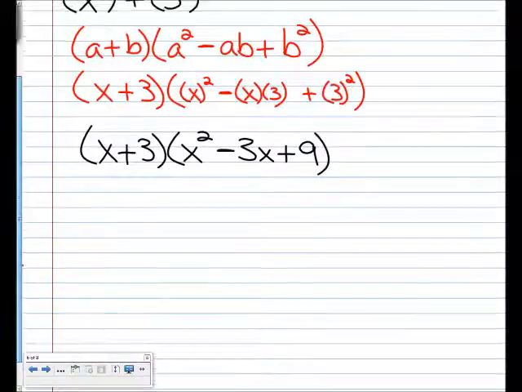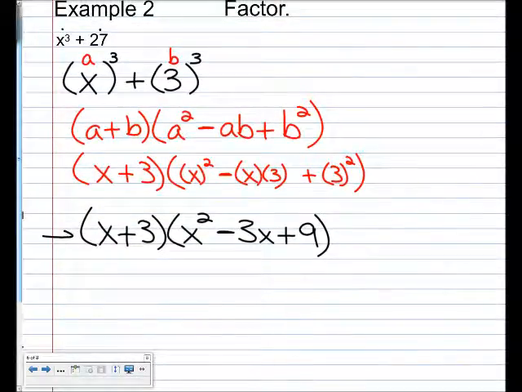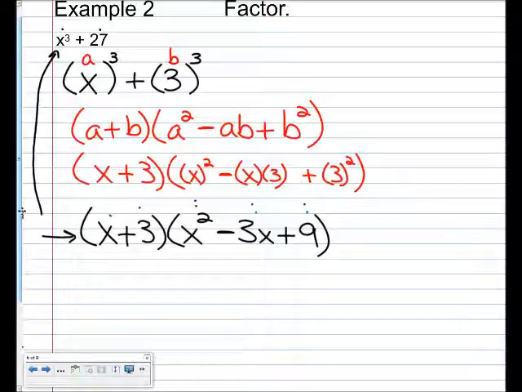Just like before on the previous example, even though this looks very different than what I started with, it actually is no different. One is factored and one is not. If I were to distribute x times all 3 of these, and then I were to distribute 3 times all 3 of these, like we did last week, you would get, after you combine like terms, x cubed plus 27, because many things would make 0.